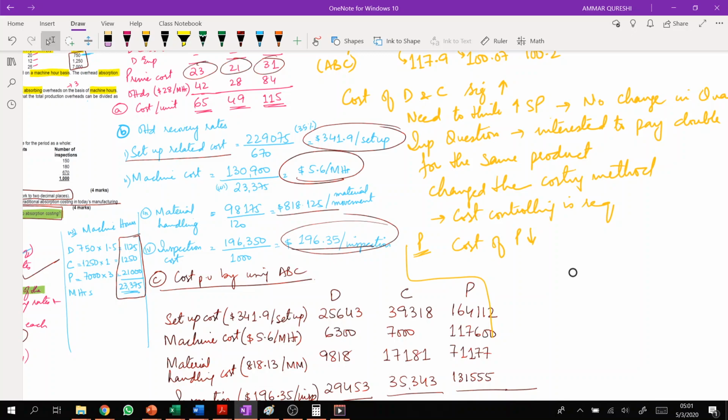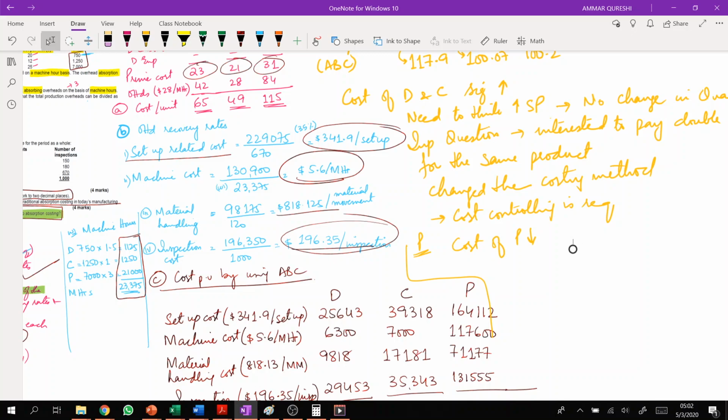If we are saying that the cost of D and C is higher but we are not increasing the selling price, one may argue there is no sense in decreasing the selling price. So if you are changing, then change for all three, or do nothing, right? This can be one sort of answer.